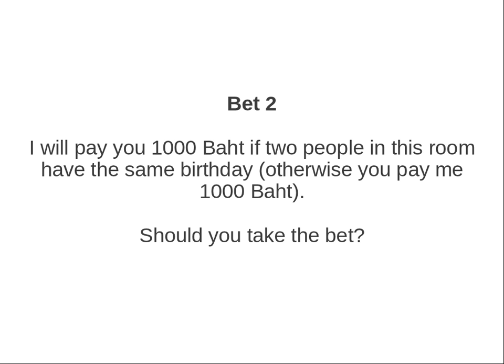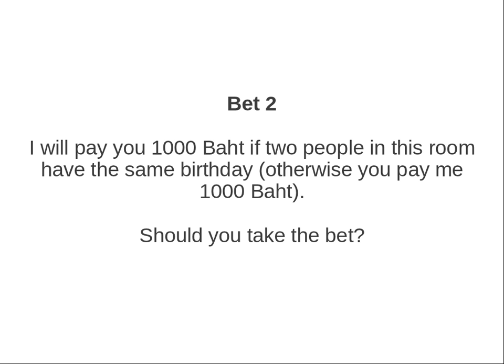So who thinks that in bet 2 you've got more chance of winning compared to bet 1? With bet 2, any two people have the same birthday. In bet 1, you must have the same birthday as me.